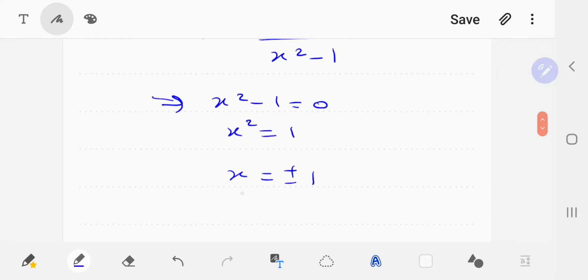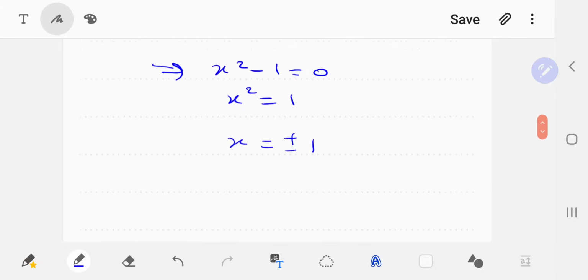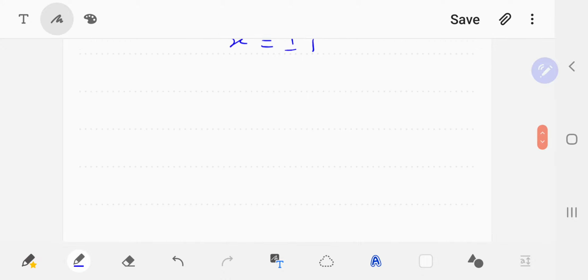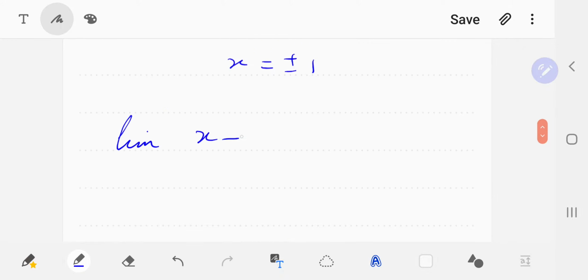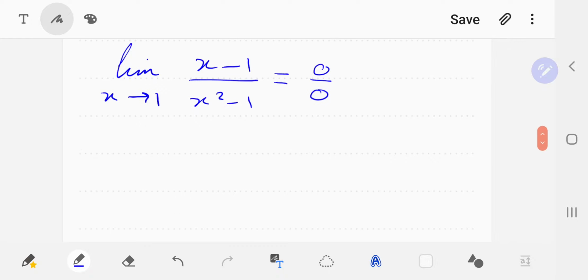Does that mean that I'm going to have vertical asymptotes at 1 and negative 1, which means 2 vertical asymptotes? Well, we cannot decide until we evaluate the limit. So let's check the limit. What's our function? x minus 1 over x squared minus 1 as x approaches 1. If you evaluate this, that will give you 0 over 0, which means you need to work more.